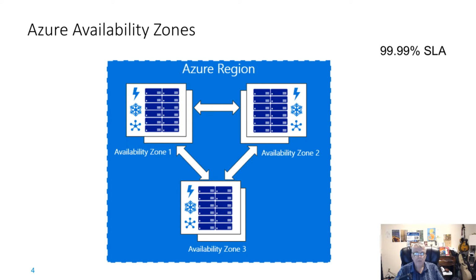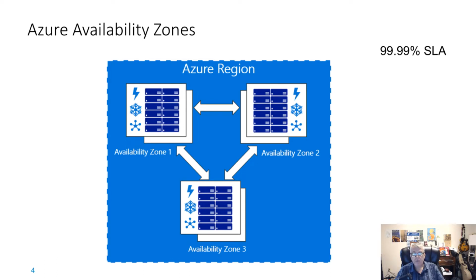But anyway, by leveraging availability zones, now you get the full 4 nines of availability, which is kind of the entry level to HA. So I highly recommend that whenever possible, you leverage availability zones for your SQL Server FCIs or your SQL Server AGs or any high availability configuration.